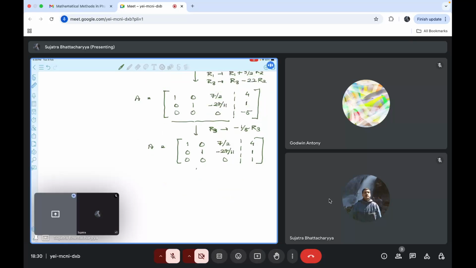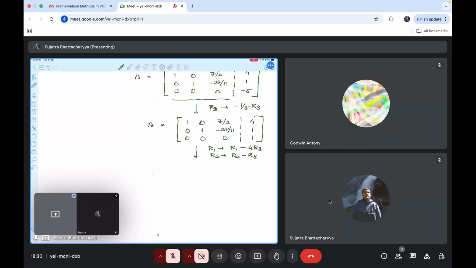Now again the same steps. R1 will be equal to R1 minus 4R3, R2 minus R3. Correct. So this is the next step which we will be doing. So finally, what will it be? It will be 1 0 0. There is no change in the row reduced part.